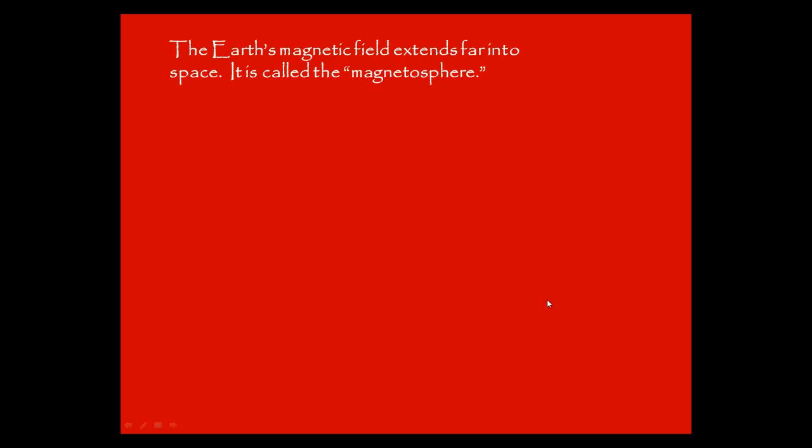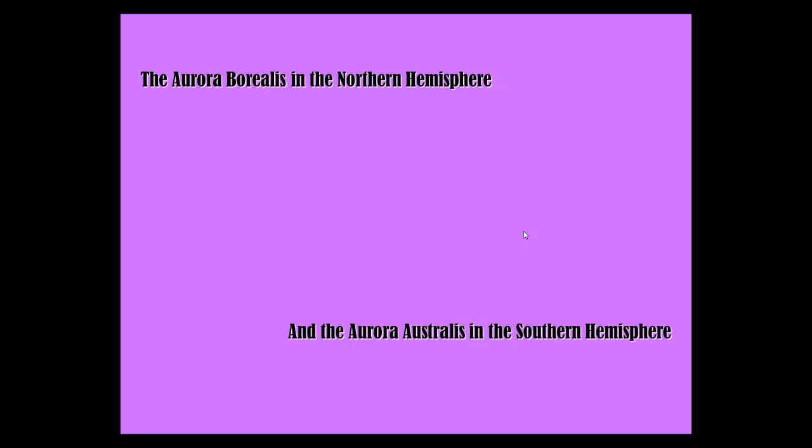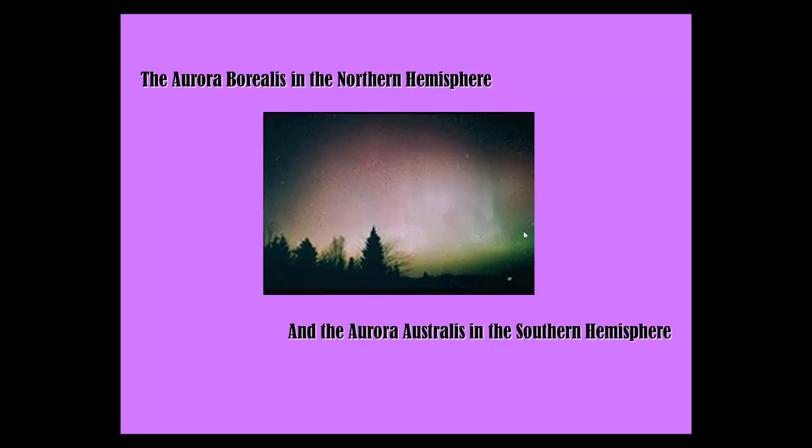Now, most of it, when it hits our magnetosphere, which is actually our magnetic field, just hits it and bounces off, goes right by it, just like a snowplow through a snowdrift. Our magnetosphere is there, and all that solar wind just goes past it. But if it gets in and it makes those Van Allen belts, then you get something really, really cool like the aurora borealis. The reason the aurora borealis happens is because we have all of those particles that have gotten through the atmosphere that are really excited.